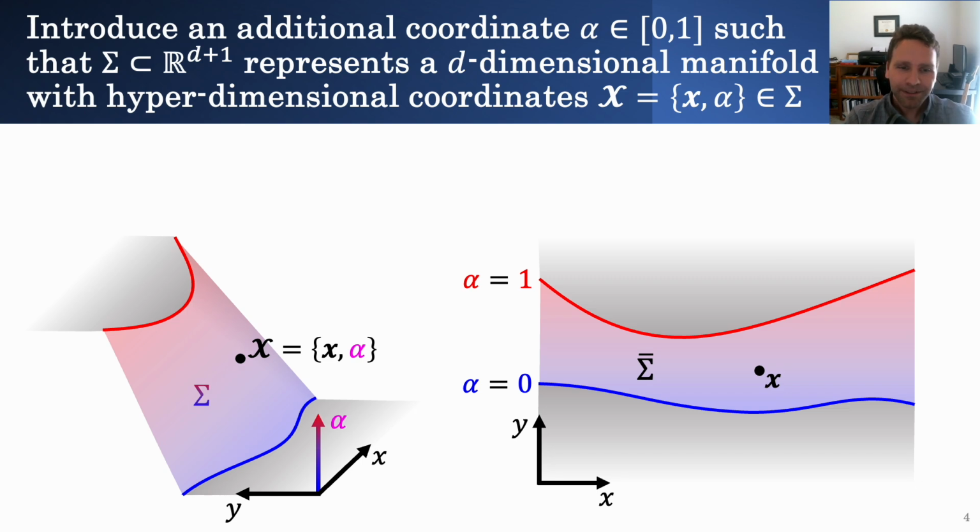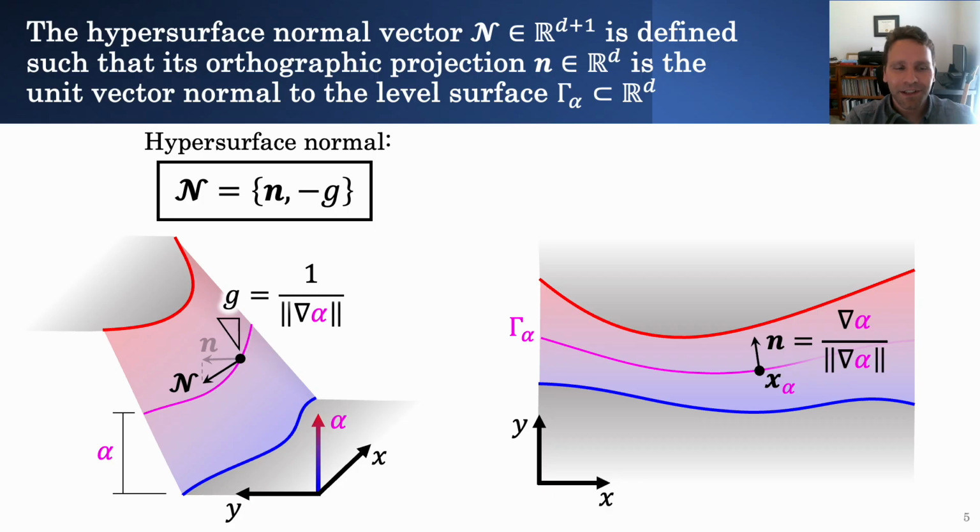Well, alpha in some ways can be thought of sort of like a level set function. Suppose I were to consider a particular slice through this hypersurface measured at a discrete and constant value or elevation of alpha.